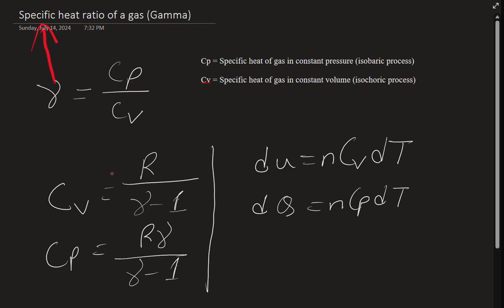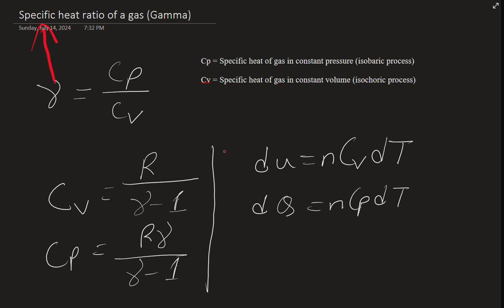Cv is equal to R over gamma minus 1, where R is the ideal gas constant, 8.314 joule per mole per Kelvin. Cp is equal to R gamma over gamma minus 1.